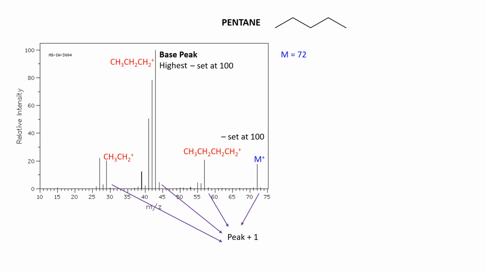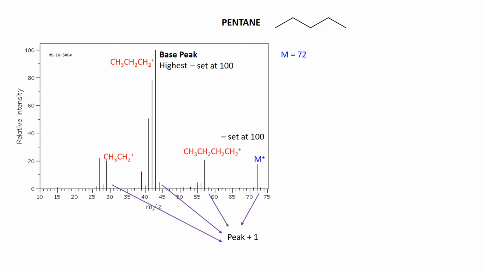So all of these main peaks that we've been able to analyze have also got a sort of sister peak, or actually a grand sister peak, teeny little peaks at +1. That's because while most carbon is carbon 12, 1% of carbon atoms are carbon 13.